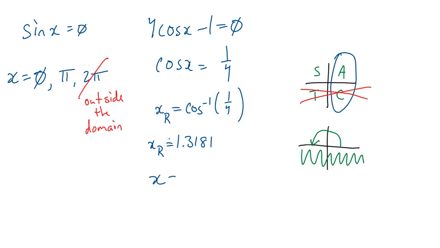And so x equals 1.3181. If I had to go to 2 pi, remember, it would be the fourth quadrant, which is 2 pi minus the related angle. But I don't need to do that because of the domain of this question.